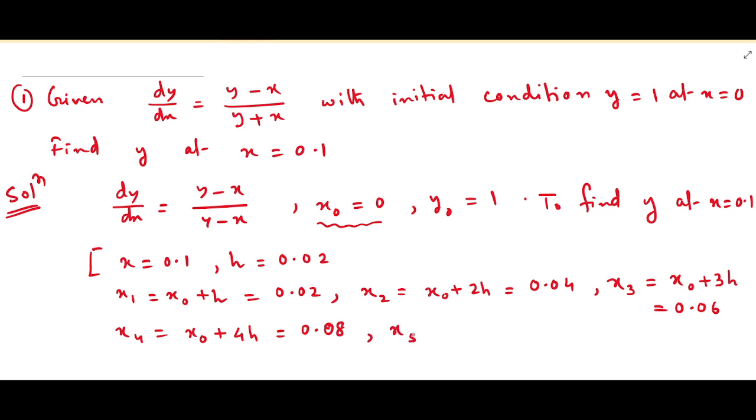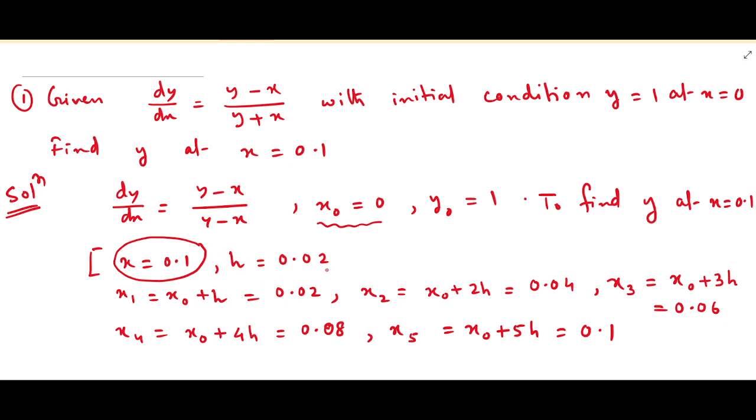And finally x5 is x naught plus 5h, so now we get 0.1. At what point do we have to find the value of y? 0.1. If you take a step size 0.02, then after the fifth step we will get the point 0.1. So indirectly we know that we have to find y1, y2, y3, y4 and y5. Y5 we have to find.